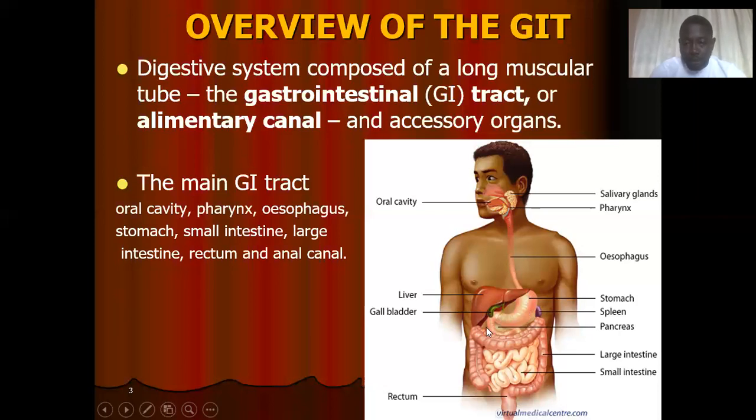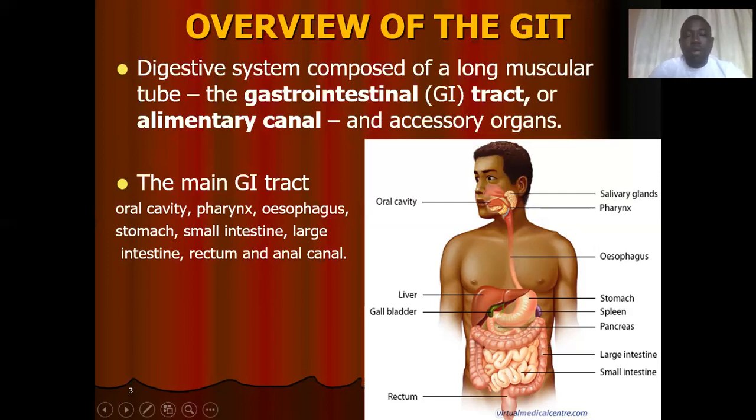From the stomach, it will get to the small intestines. So all these parts that you are seeing are the small intestines. And then from the small intestine, it joins at the ileocecal region to join the large intestines. All these parts you are seeing are the large intestines, and then you get to the rectum. So this, of course, are the main organs that are involved in the alimentary canal or the gastrointestinal tract.